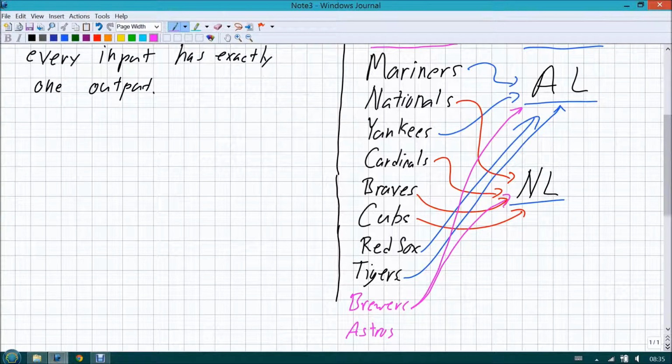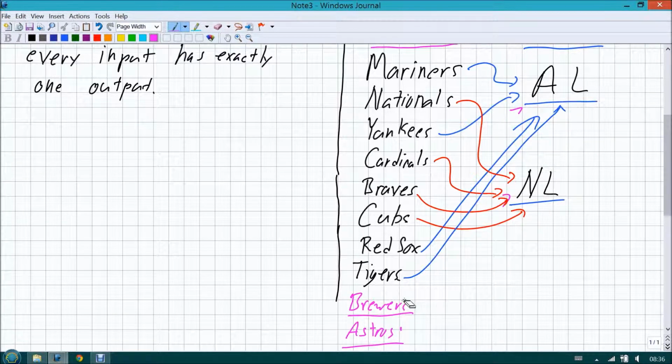And then because the National League had, I think, like 6 teams or 5 teams in the Central Division, the Astros were asked to move to the American League West, which only had 4. So the Astros have been in both the American League and the National League. So what does this do? Well, it breaks it. It's no longer a function because we have 2 inputs that have more than one output.